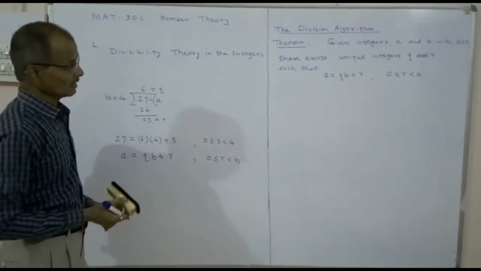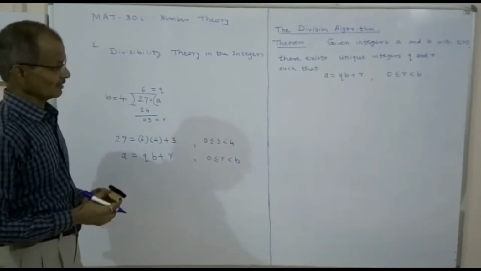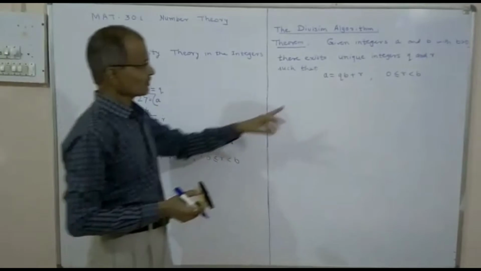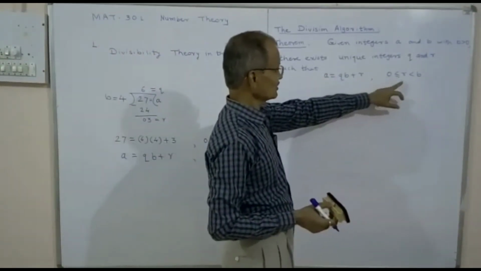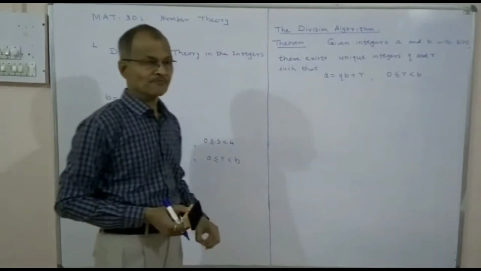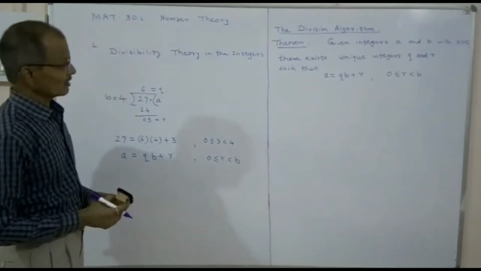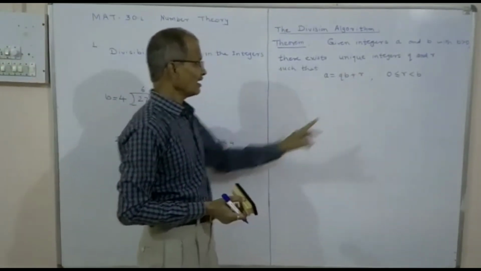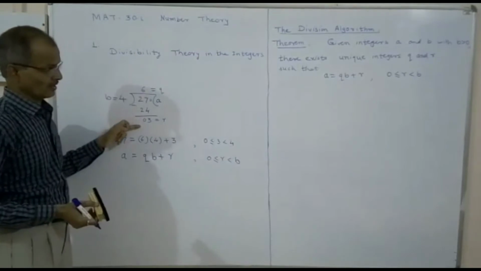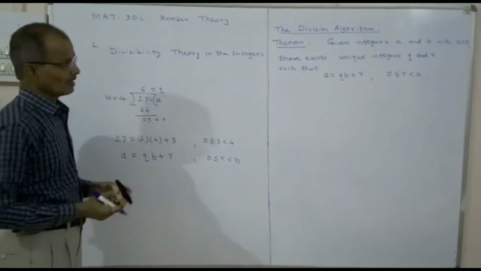There exist unique integers, unique means only one, integers q and r such that a is expressed as qb plus r and r lies between 0 and b, 0 is less than or equal to r is less than b. Now in this theorem we say q and r are the quotient and remainder when a is divided by b.